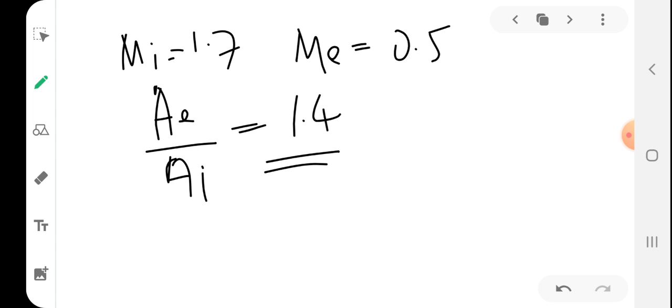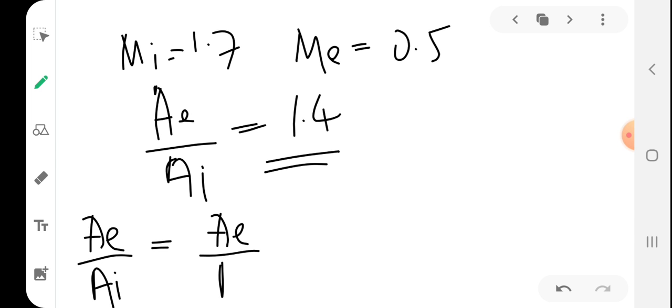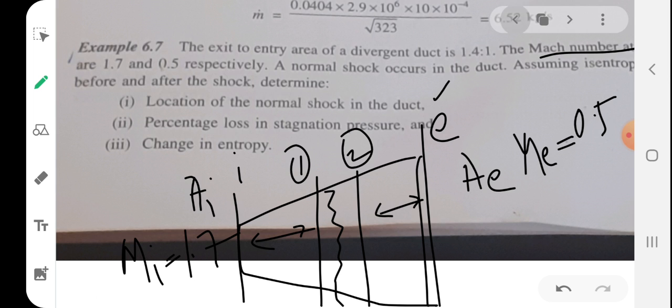Students, if the area ratio is given, you can write AE by AI as AE by A1 into A2 by AI. A1 is the area at the first section, and A2 is the area at the second section.